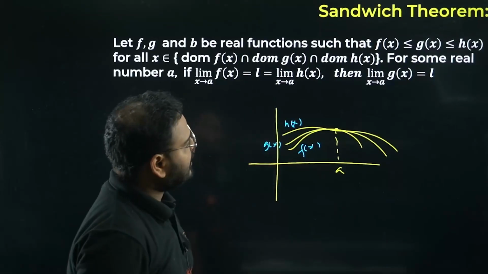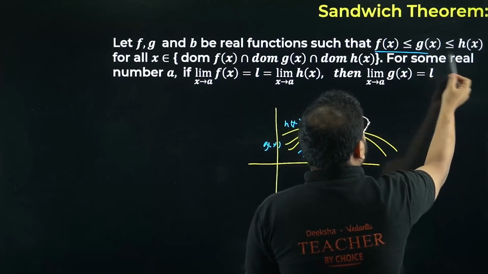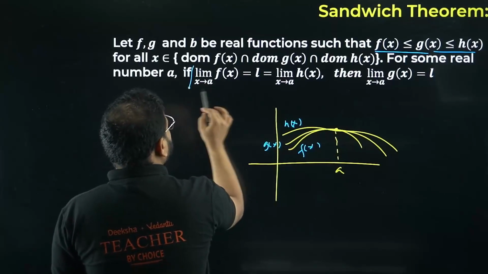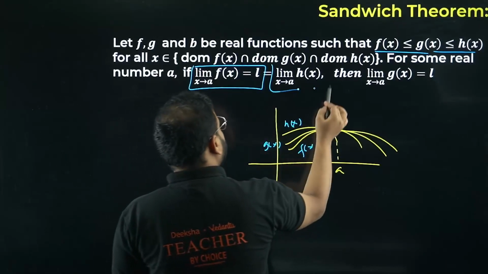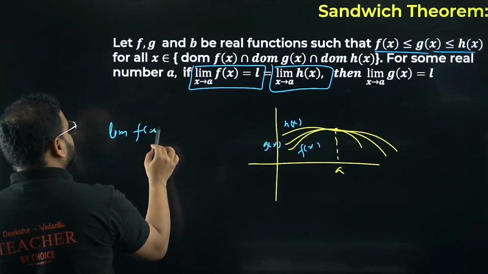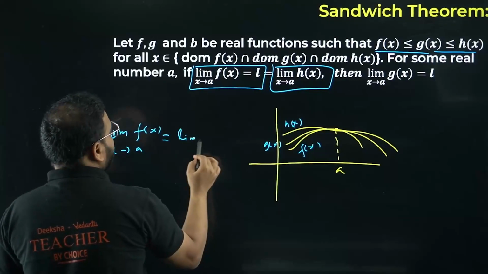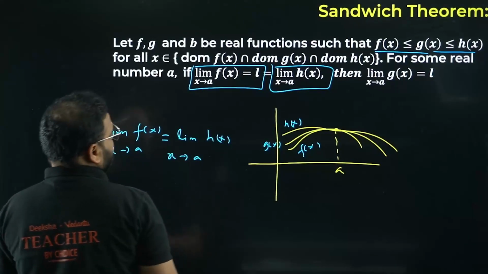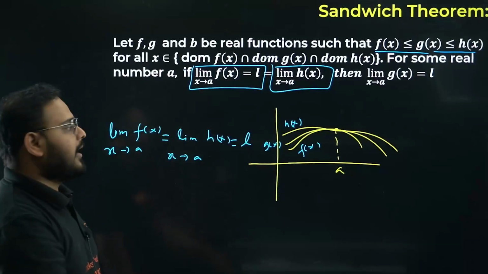So when this order is fulfilled, fx less than equal to gx and gx less than equal to hx, okay. And I have the value of limit of fx at a is nothing but L, and limit of hx also is same. Basically, the limit of fx at x tends to a is equal to limit of hx at x tends to a, and this value is both equal to the value L. Let's call it to be L. Then what will happen?